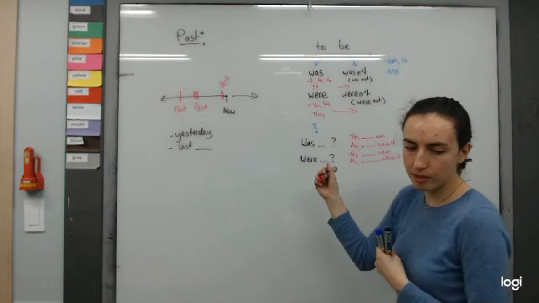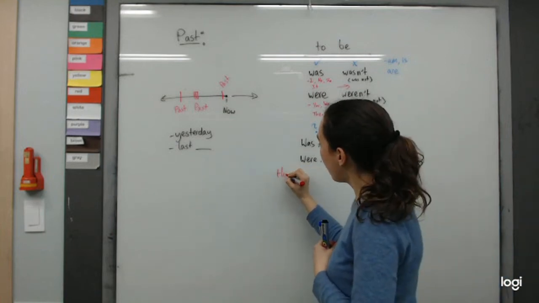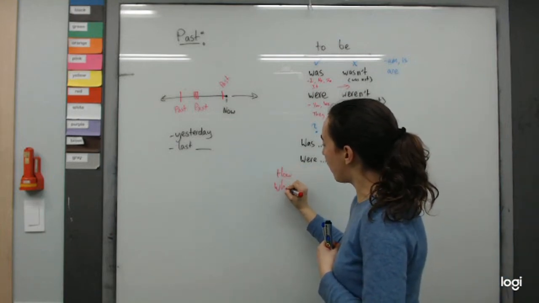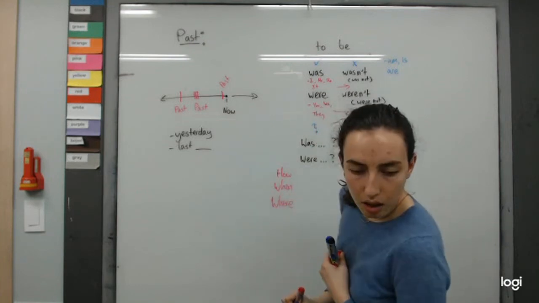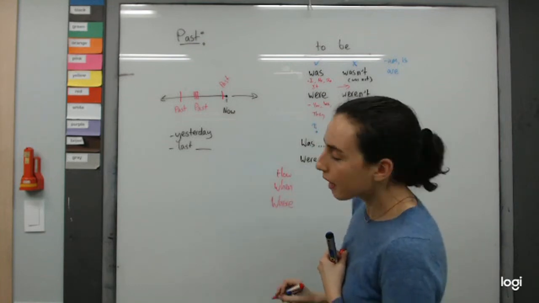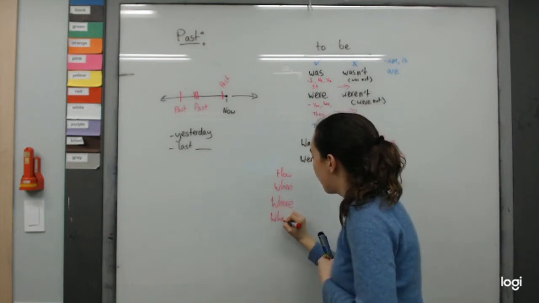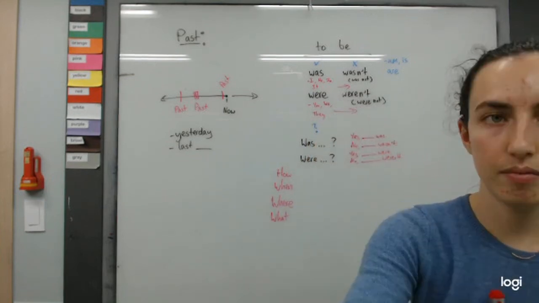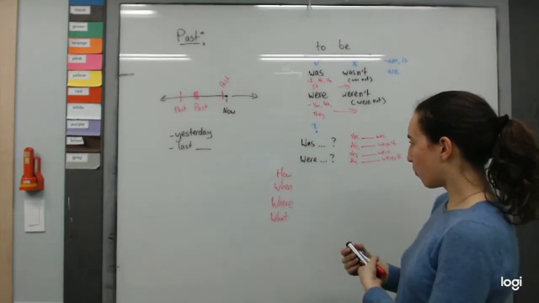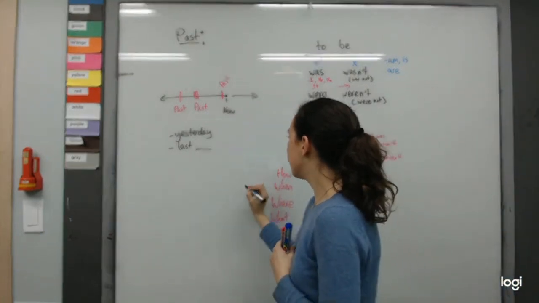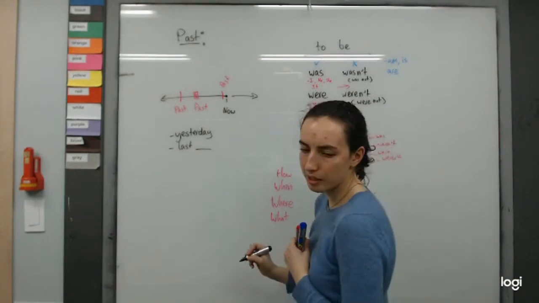So, question words, how, when, where, and what. Okay, good. So, we use how. How do I explain how?